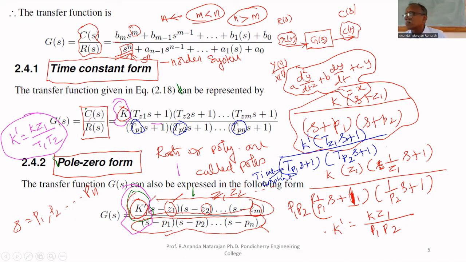Therefore, k is not equal to k dash. In pole zero form, k is not the correct gain. In time constant form, k is the correct value of static gain. You understand this point?